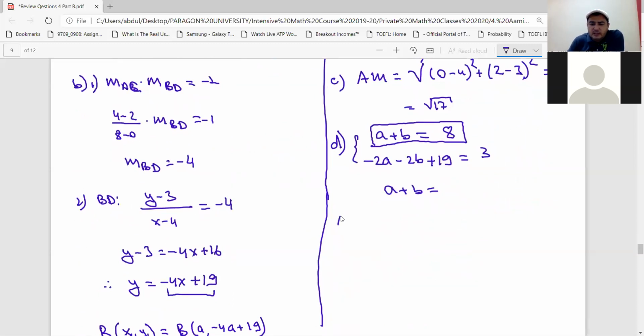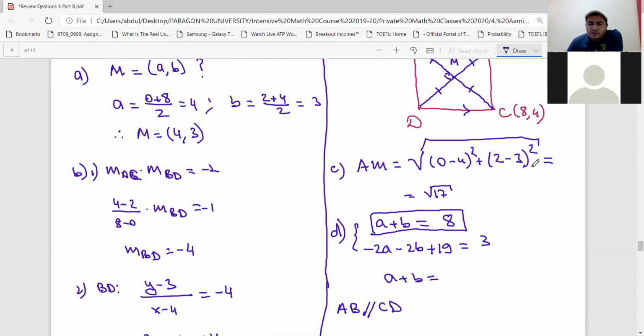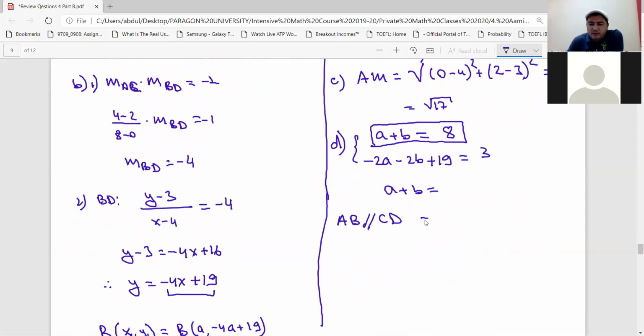And since AB is parallel to CD, right? Because opposite sides in a square, they are parallel. This AB is parallel to CD. And from here, that means that the gradients must be equal. So what is the gradient of AB? So gradient of AB should be equal to gradient of CD. Okay, what is the gradient of AB?